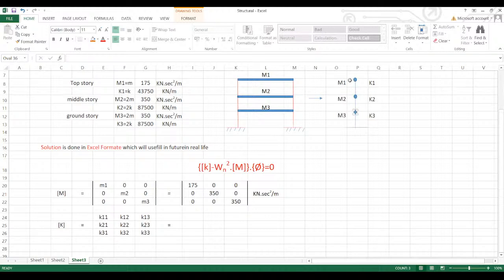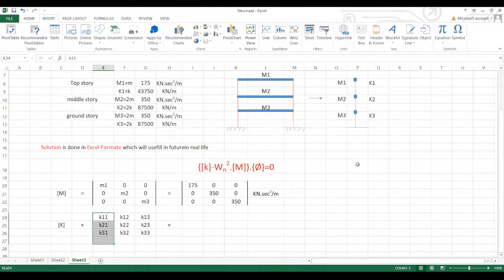K11 means the load or force acting at position 1. At position 1, what is the effect if any load happens?